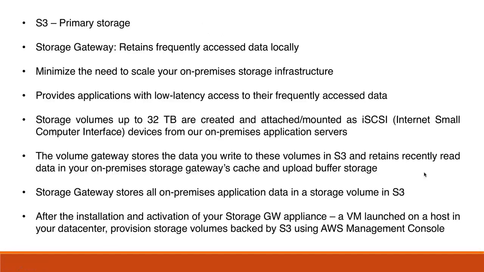After the installation and activation of the storage gateway appliance, which is a virtual machine stored on a host in your data center, you provision the storage volumes that are backed by S3 using the management console. So the entire data is saved in your S3 volumes, whereas the frequently accessed data is retained in the storage gateway in your own local data center.